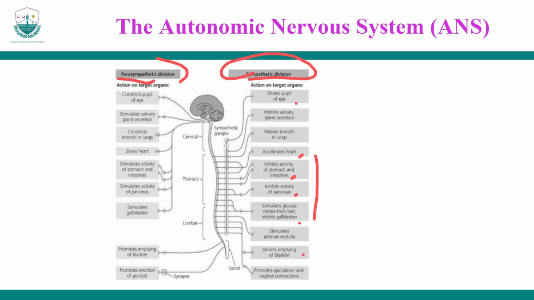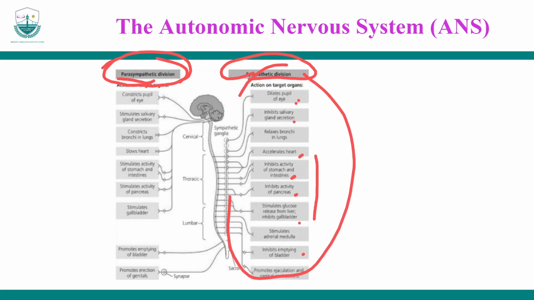It will inhibit emptying of the bladder, and then promote ejaculation and vaginal contraction. So the opposite of all these things are the ones that will be carried out by the parasympathetic. If you talk about dilation here, then here we talk about constriction.